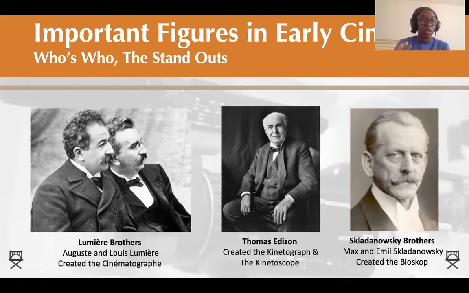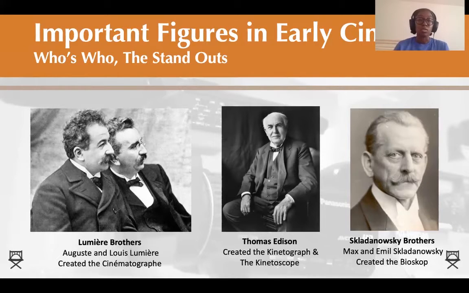And along with this, they were in Europe, I believe France, and in America, Thomas Edison was creating the kinetograph and the kinetoscope. When you see "graph," it usually means recording or graphing motion. So the cinematograph and the kinetograph are both cameras to capture the motion of something.